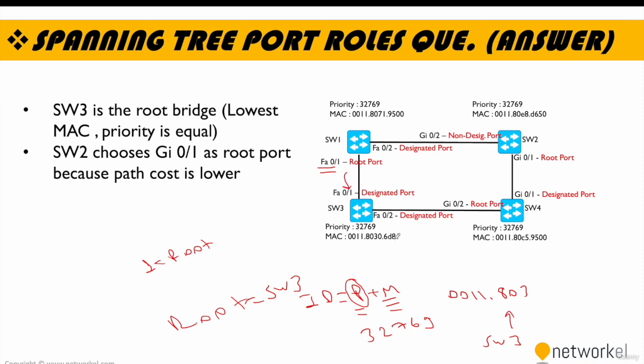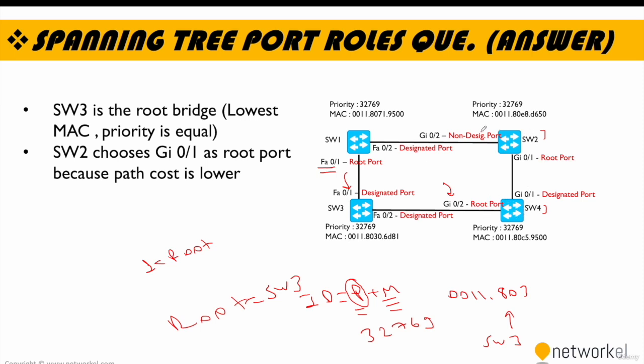On the other hand, I have to find the root port for switch 2 as well as for switch 4. For switch 4, it is very easy because I have this interface which is connecting directly to my switch 3, my root bridge. So GIG02 will become the root port for my switch 4.